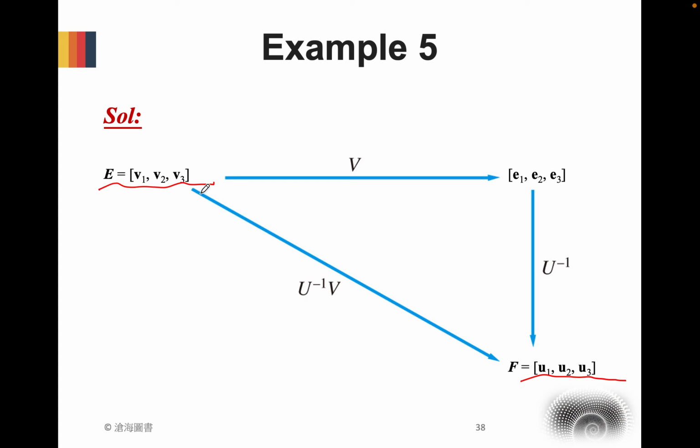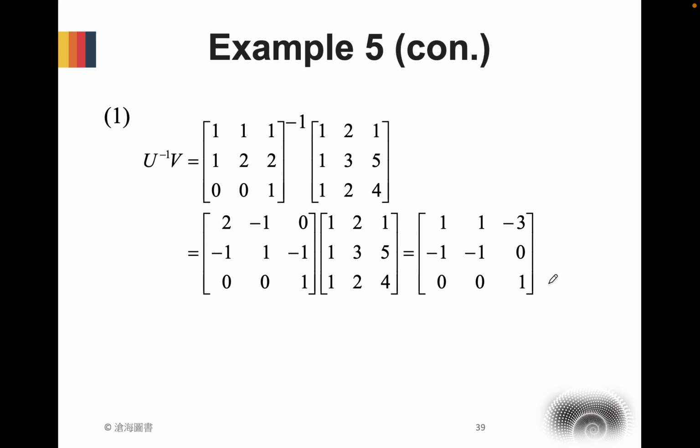We already remember that the transition matrix between E and F is U inverse V. In fact, we can transform V1, V2, V3 to E1, E2, E3 first by the transition matrix V, and then transform E1, E2, E3 to U1, U2, U3 by the transition matrix U inverse, right?